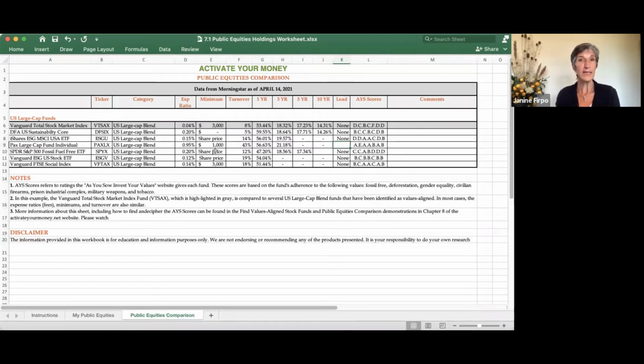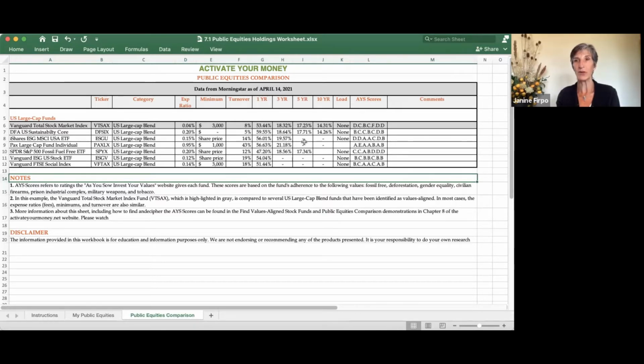So what you can see here is that some of these funds are actually very competitive with the VTSAX. One that stands out in particular is the DFA US Sustainability Core. This has a slightly higher expense ratio, but a lower turnover, and it outperformed VTSAX in a 1-year, 3-year, and 5-year comparison.